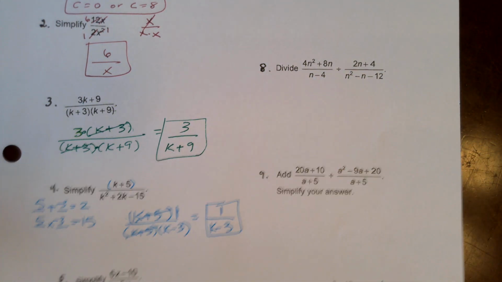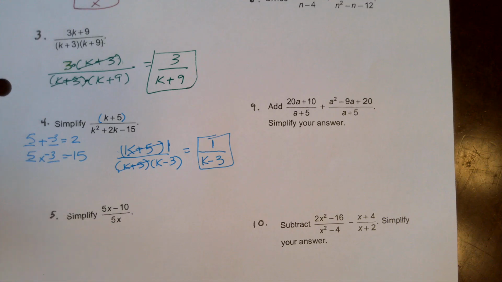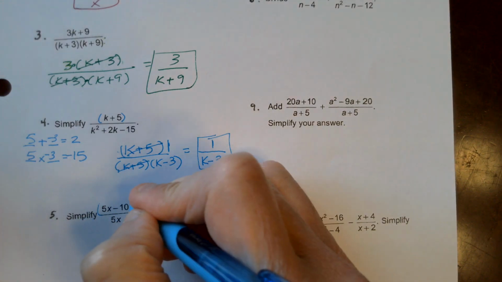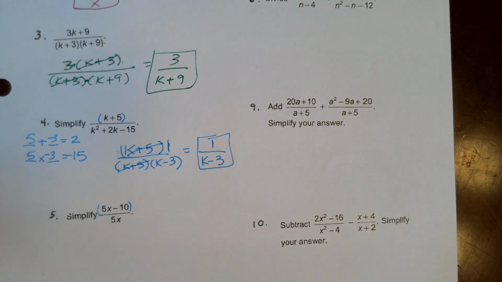All right, so we're looking at 5. When we look at 5, again, oh, please, do not cancel the 5x and 5x. No, no, and no. What is married? The 5x and the minus 10, those are together. They can't be separated unless you factor out something. And we can factor out a 5.